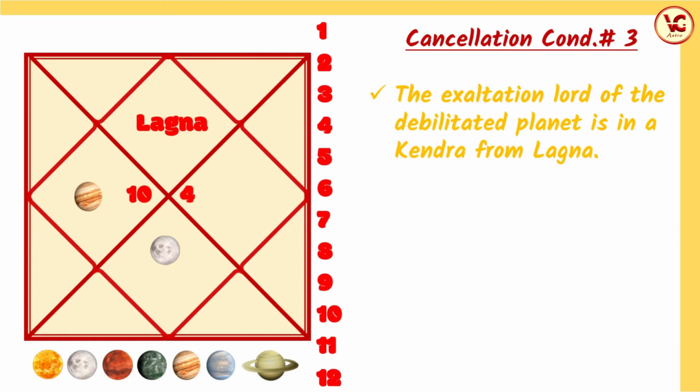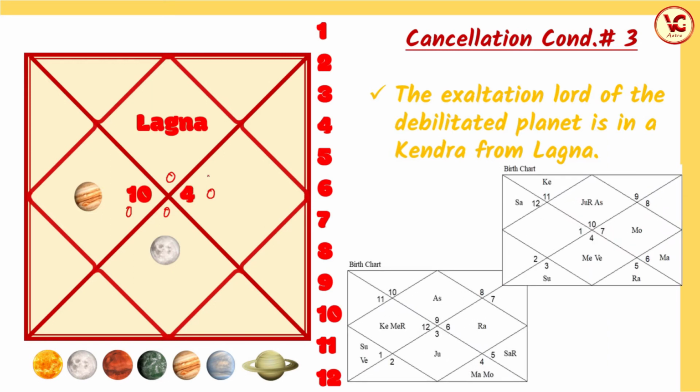If Moon is placed in a Kendra from Lagna, then this cancellation will happen. So these are the Kendra signs. If Moon is placed in any of these signs, this will happen. And these are the example charts.